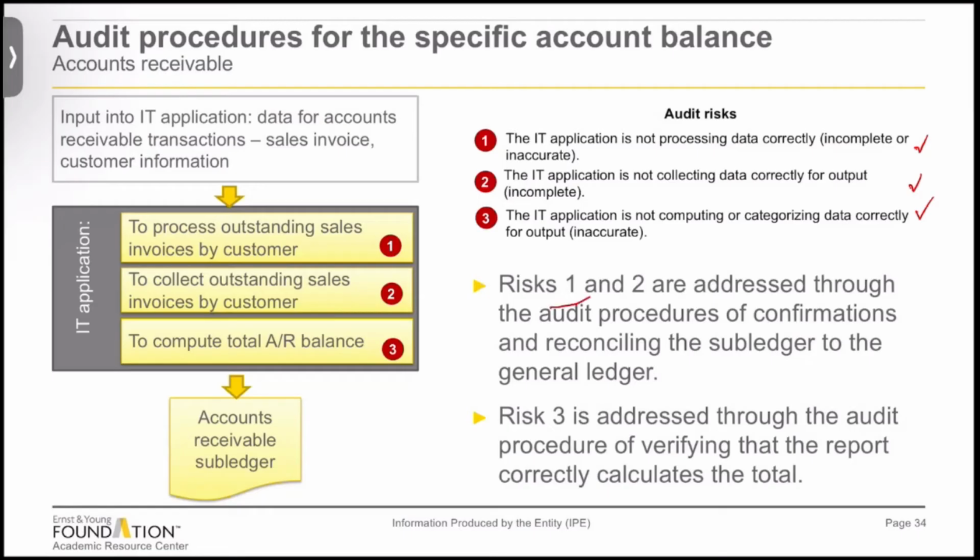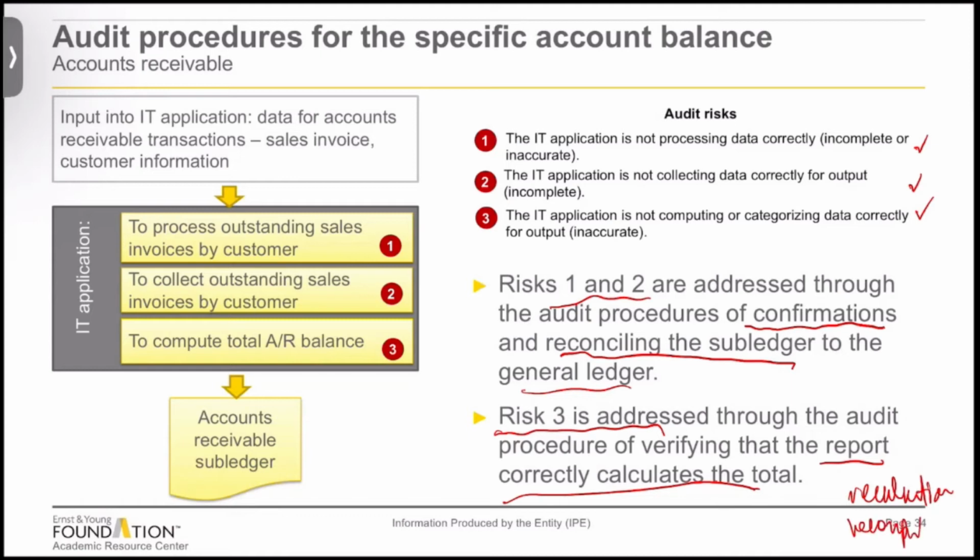So risk 1 and 2 can be addressed through the audit procedures of receivable confirmation and reconciling the subledger to the general ledger, while risk 3 can be addressed through the audit procedure of verifying that the report correctly calculates the total. So we do a recalculation or recomputation.